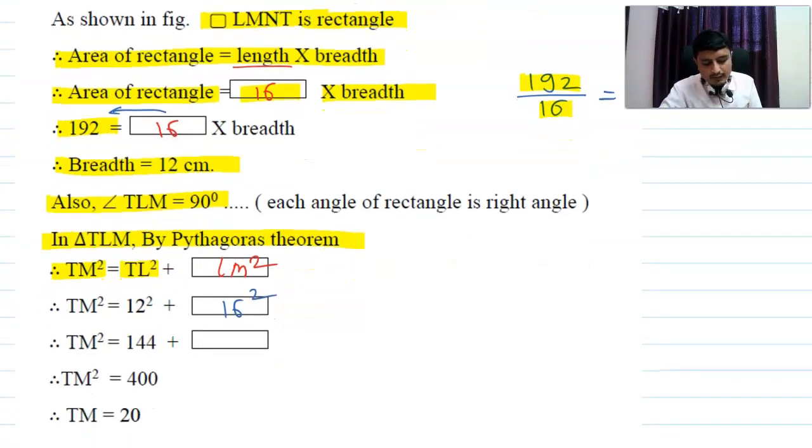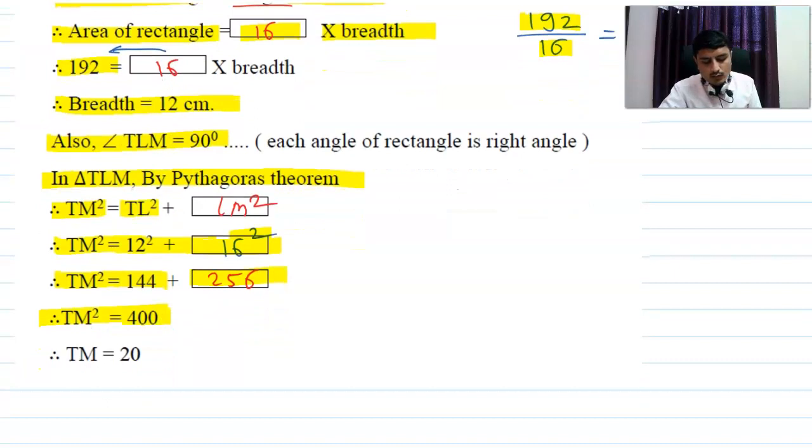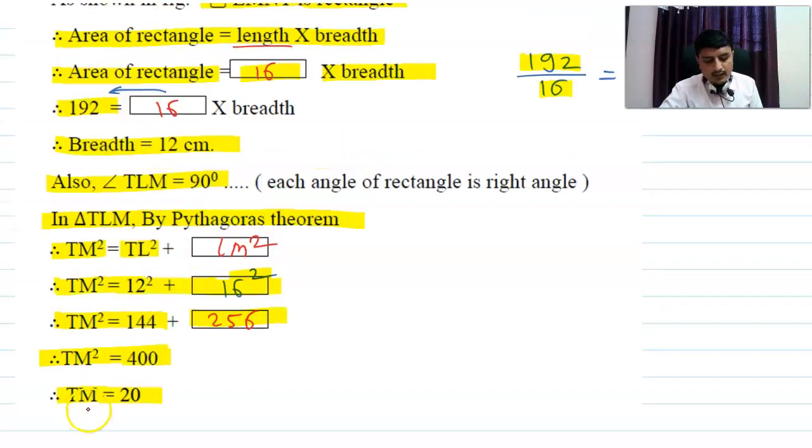TM square equals 12 square plus 16 square. 12 square is 144, while 16 square is 256. 144 plus 256 is 400. TM square equals 400. Taking the square root on both sides, TM equals 20. That means TM is the diagonal of the given rectangle. So the diagonal of the given rectangle is 20 centimeter.